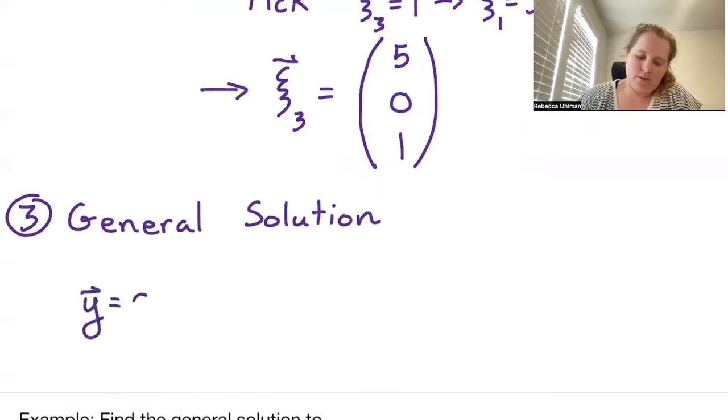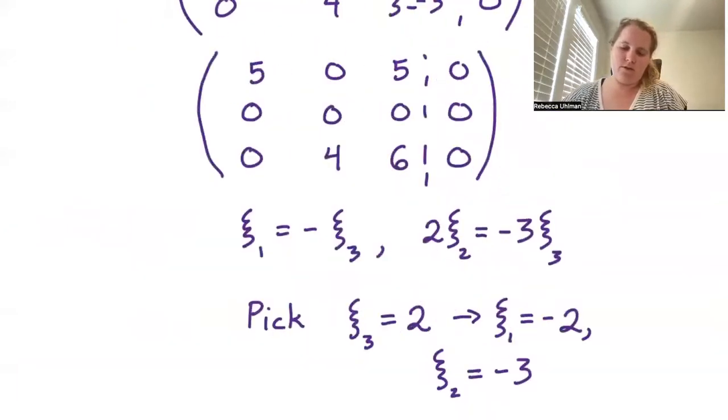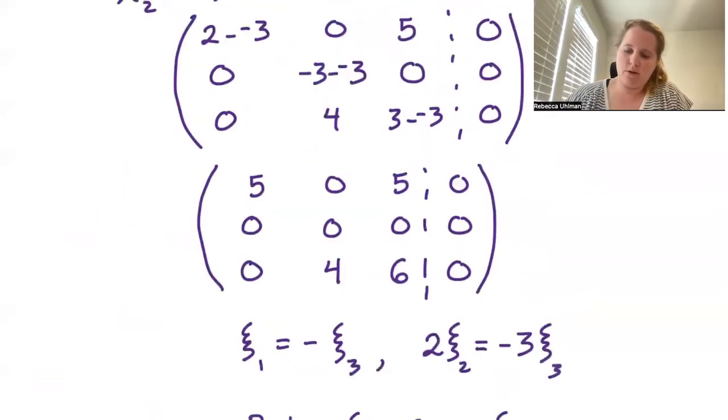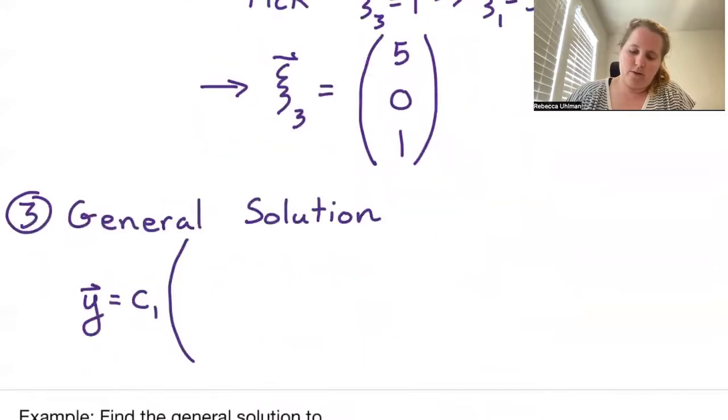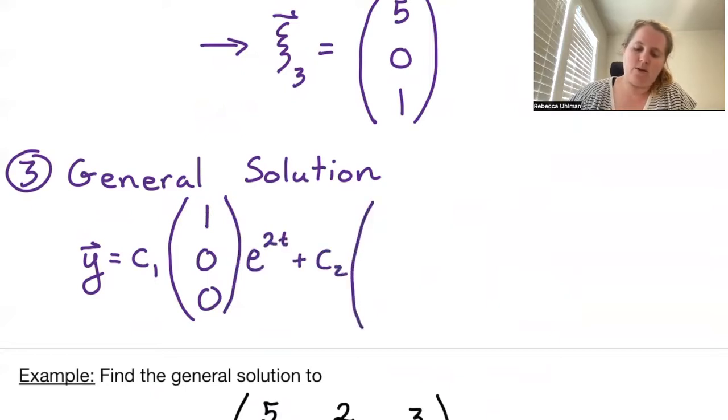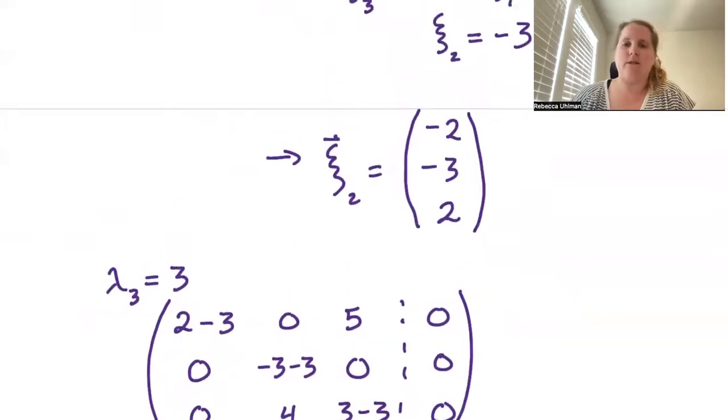Y is equal to C1 times our first eigenvector, which was just 1, 0, 0. That corresponded to lambda 1 equaling 2. So we have C1 times 1, 0, 0 times e to the 2t, plus C2 times our second eigenvector, which was negative 2, negative 3, 2. That corresponded to lambda equaling negative 3.